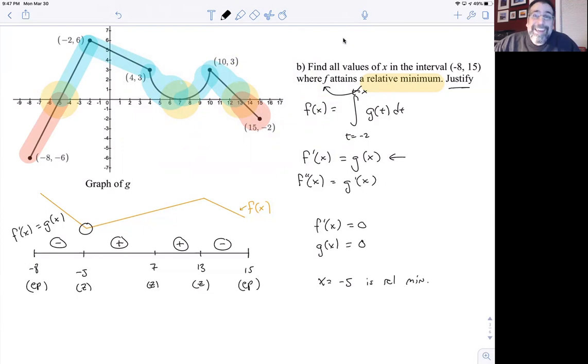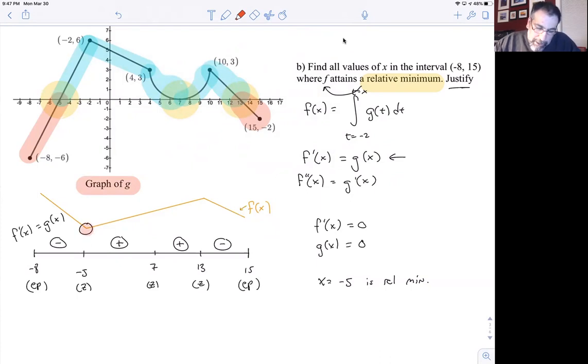Now we've got to justify. Keep in mind, when you justify, you've got to use what you're given. In this case, we are given the graph of g, which is f prime of x. So all of our justifications have to go back to the graph of g. We know our relative minimum is at -5 because of what's happening right here.